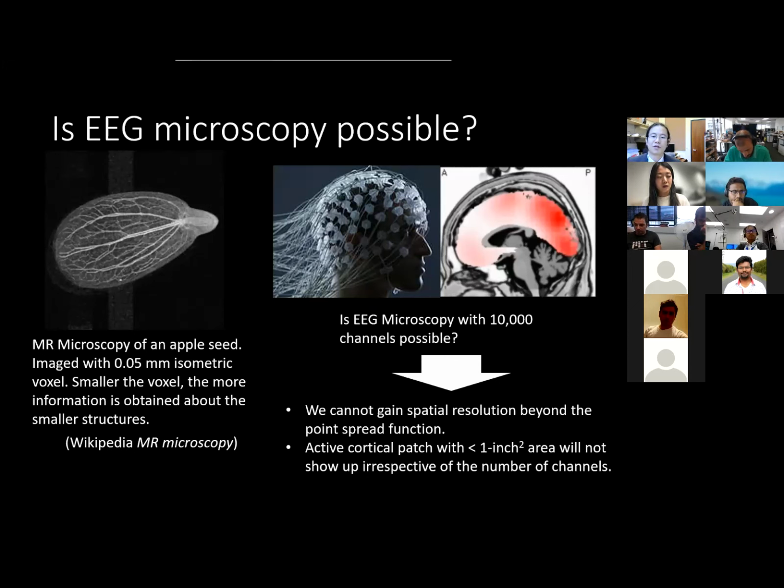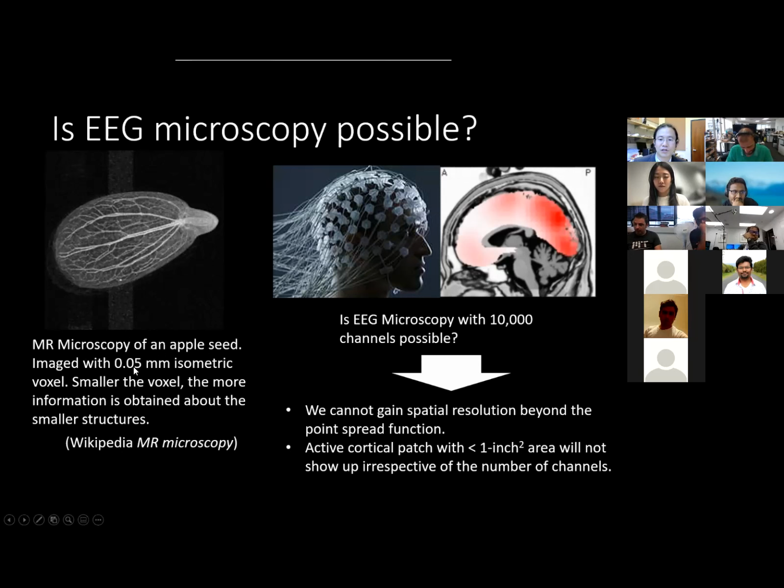So, for example, in the case of magnetic resonance imaging, you can do MR microscopy, and the image you see here is an apple seed, which is so small. By the way, Apple Seed is also the title of another comic by Masamune Shirow, who wrote The Ghost in the Shell, but that's a joke.